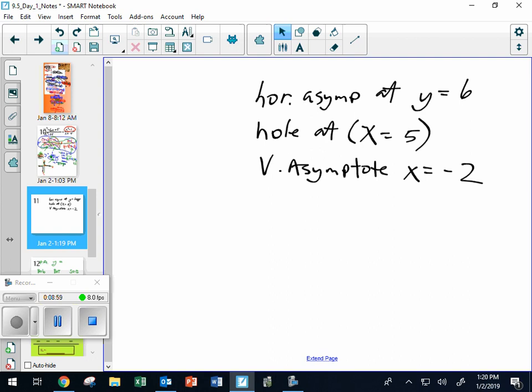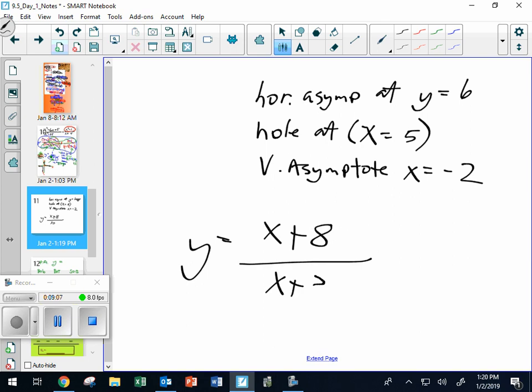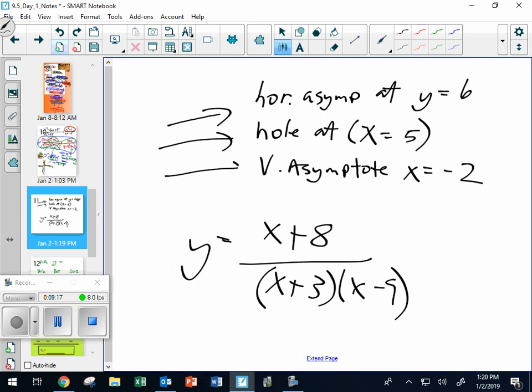There is more than one answer that would work, but write me an equation. This is not the answer, but it's something like what I'm talking about. Write me an equation like this that would have these three things.